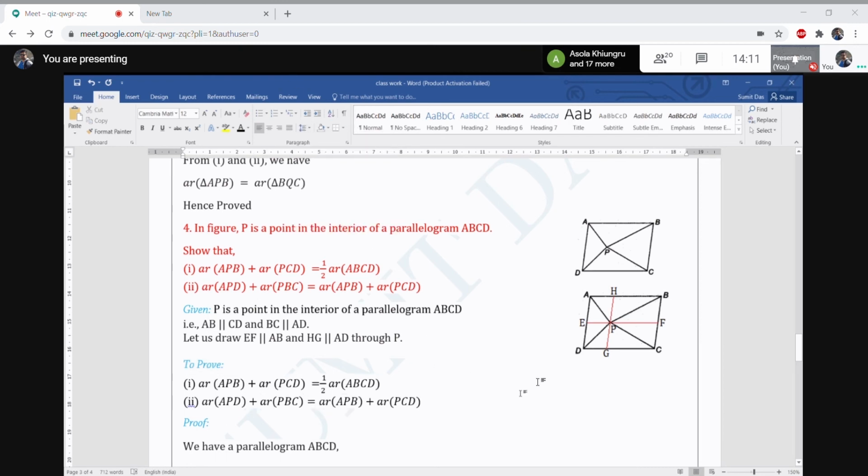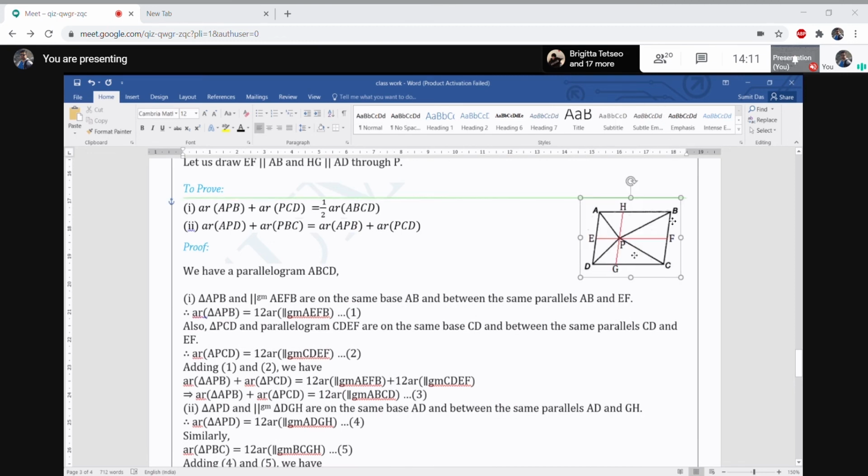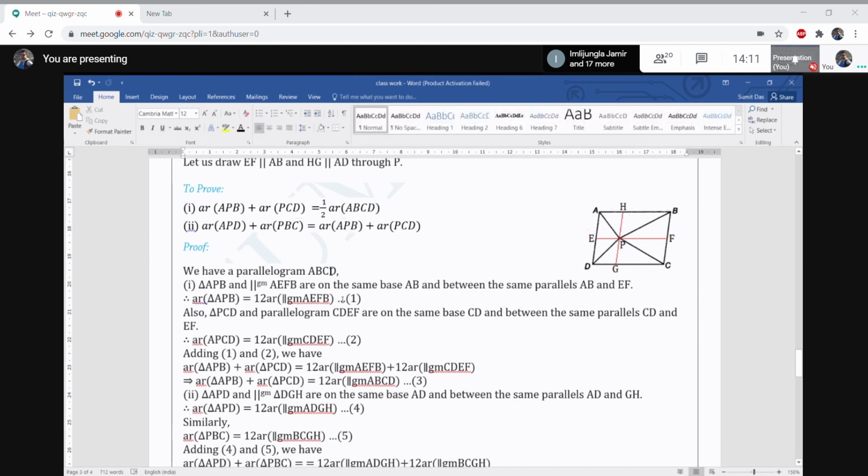Okay, let's start the proof without wasting the time. For the first part, we have parallelogram ABCD. Now, where is APB?